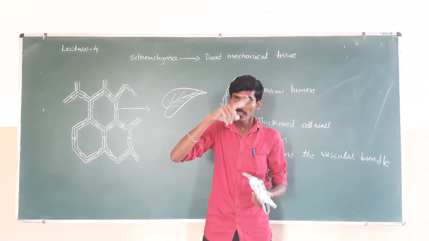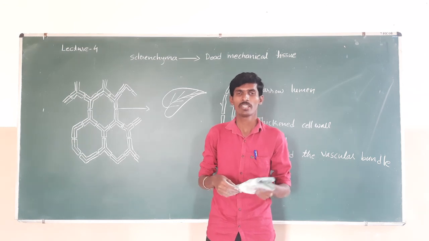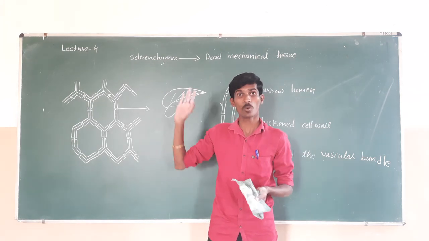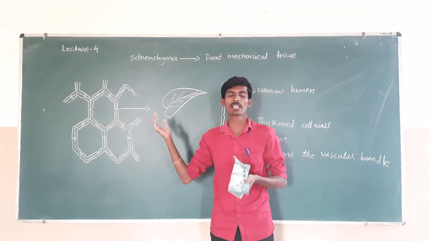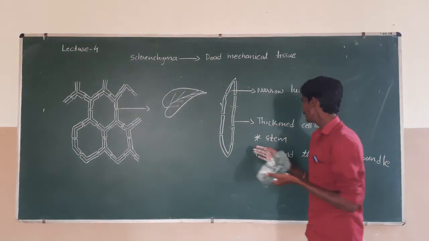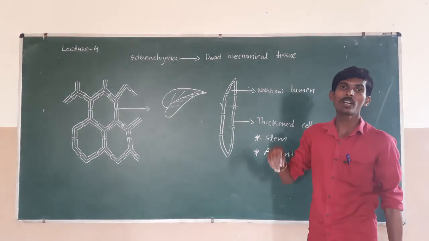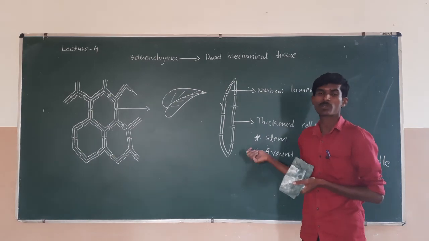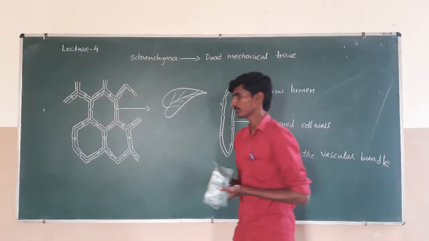The peanut's outer covering is made up of sclerenchymatous tissue. Below the epidermis, the collenchyma is present, not the sclerenchyma.